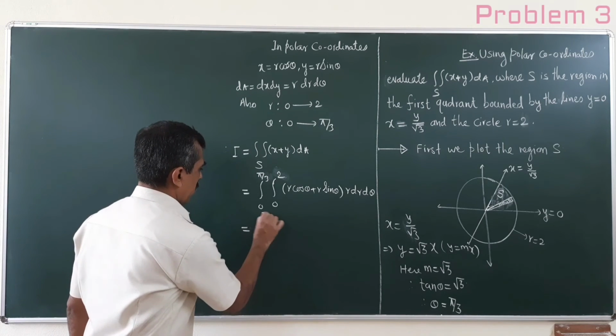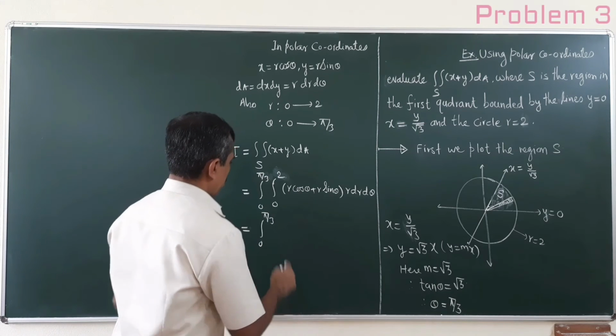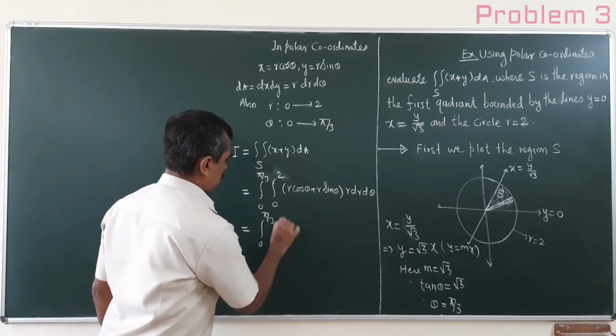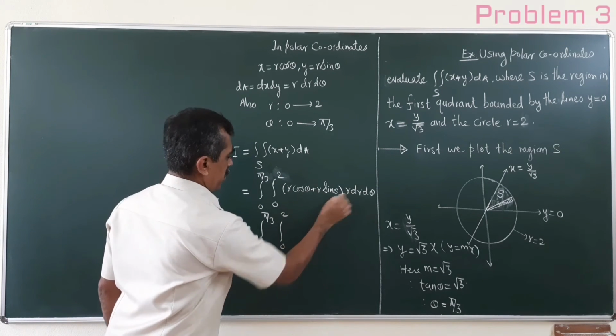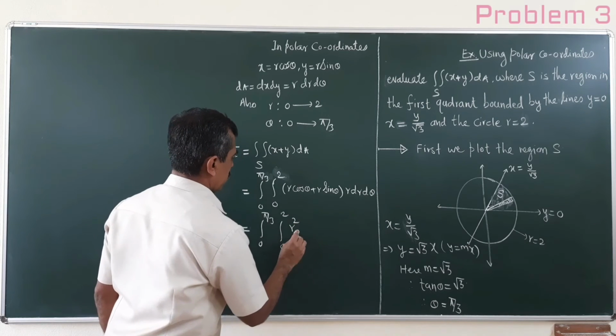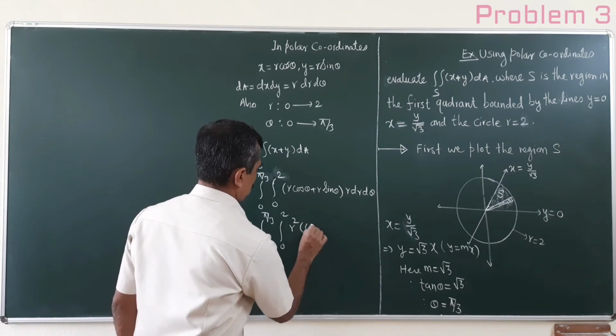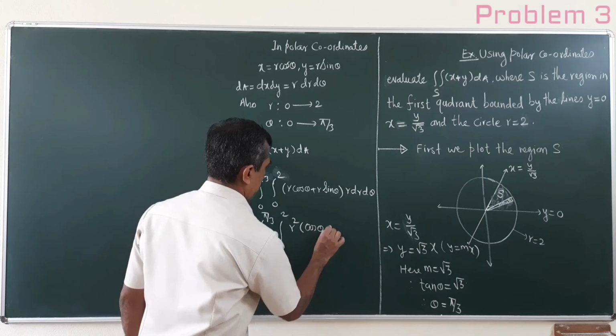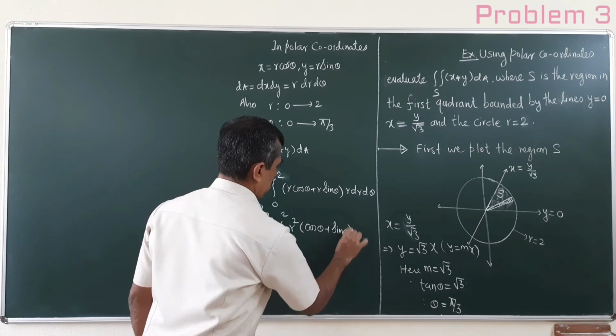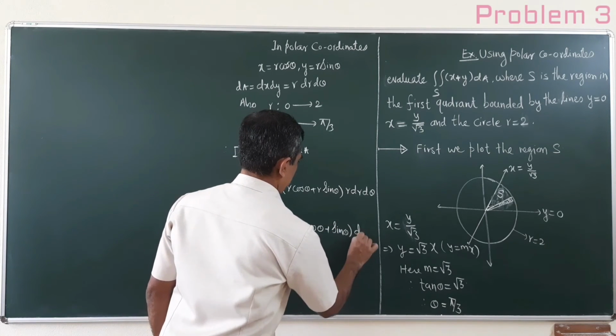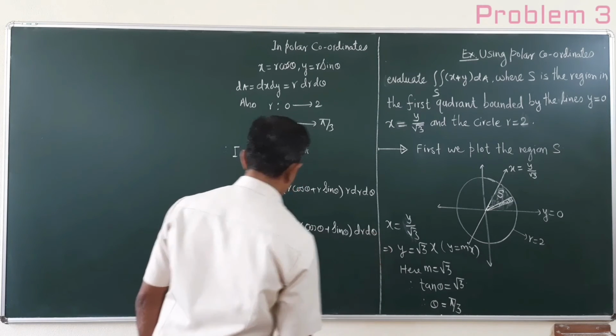You do either way, the things will be quite simple. So integral 0 to 2, take r common, and this r, so r square into cos theta plus sin theta, then dr and d theta.